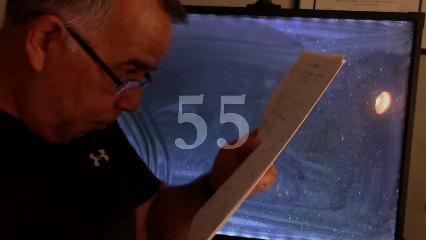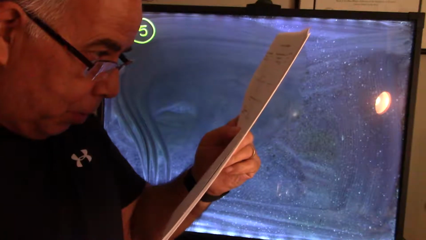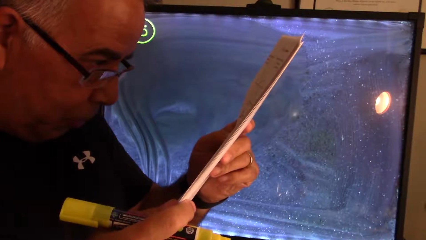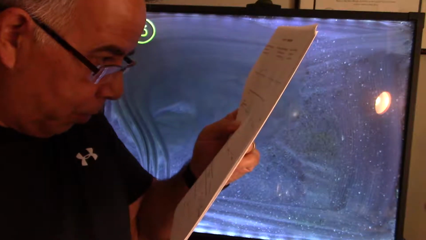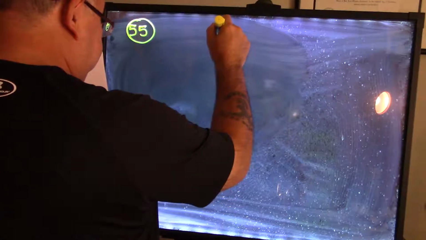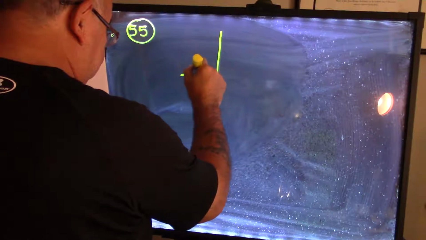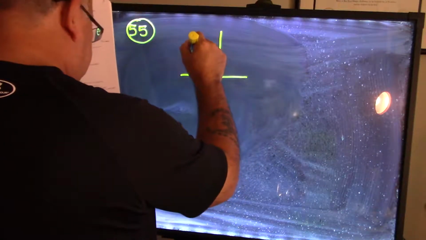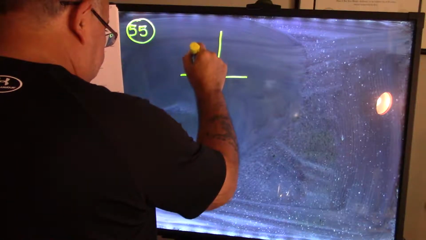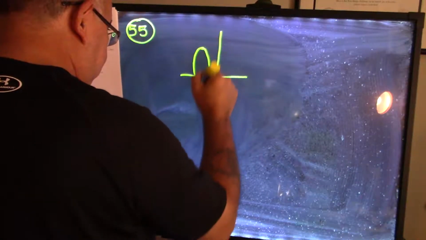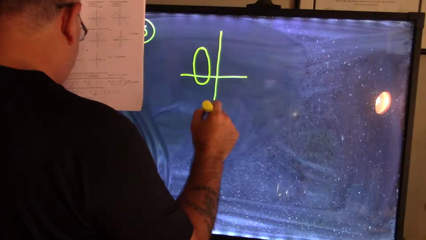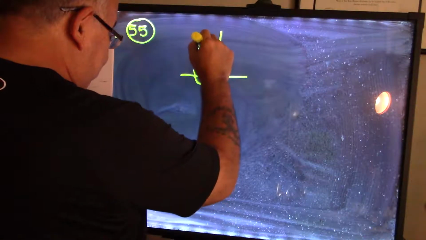Number 55. We want to determine if this graph is a one-to-one function. Again, I'll refer you to your book for the picture. I can draw a rough picture up here. It's not going to be accurate, but I really don't need accuracy on this one, like I did on 53. It's kind of an oval shape here, an ellipse. Well, is it a one-to-one function? Well, is it a function?